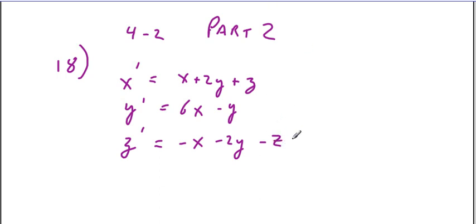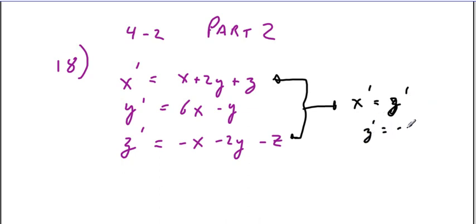If we look at these two equations very carefully, we see that if we subtract them, we're going to come up with x prime is equal to z prime. And if x prime is equal to z prime, that means z prime is equal to minus x.